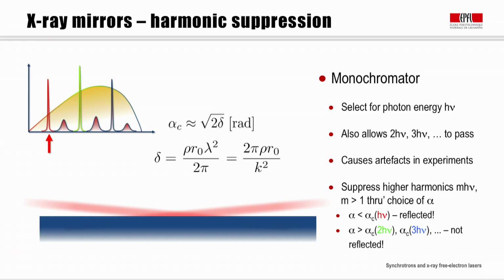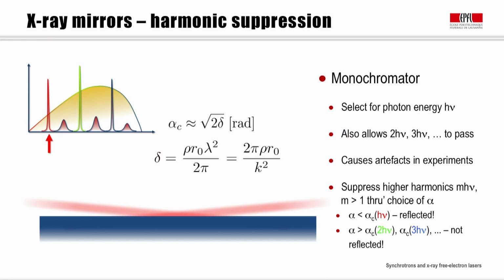Some other strategies are detailed in the second video of this week, but one of the most effective ways to achieve harmonic suppression is explained here in the context of mirror reflectivity. Let's consider a particular photon energy, highlighted here with the red arrow.